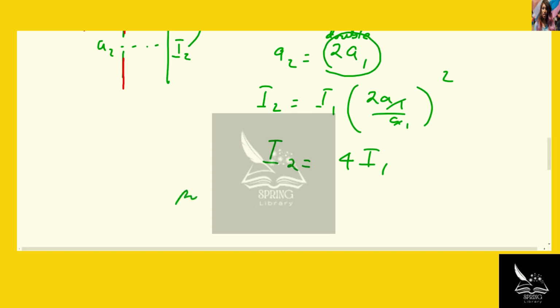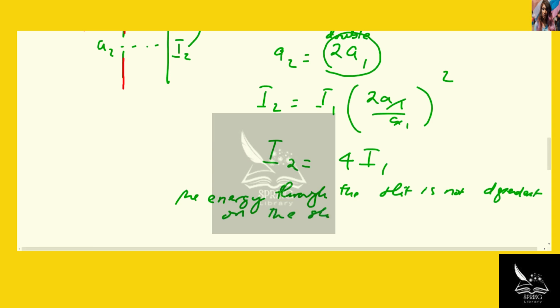So the energy through the slit is not dependent on slit width. You can see that I2 equals 4 times I1.